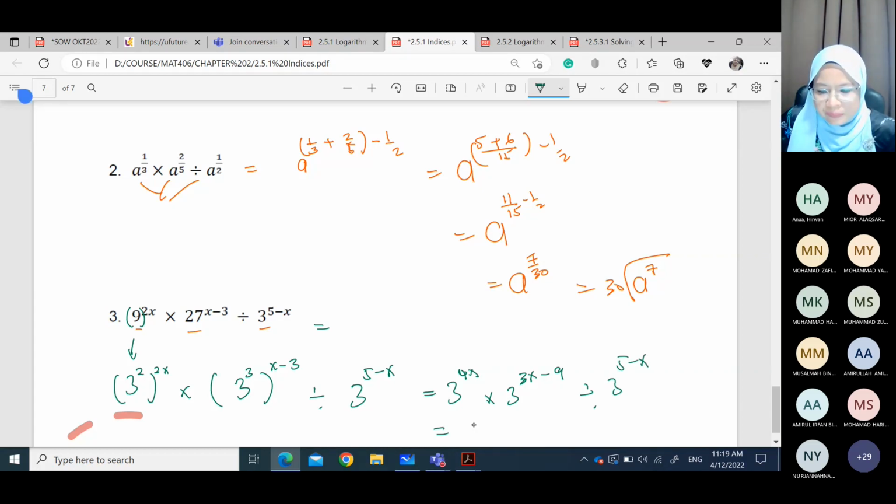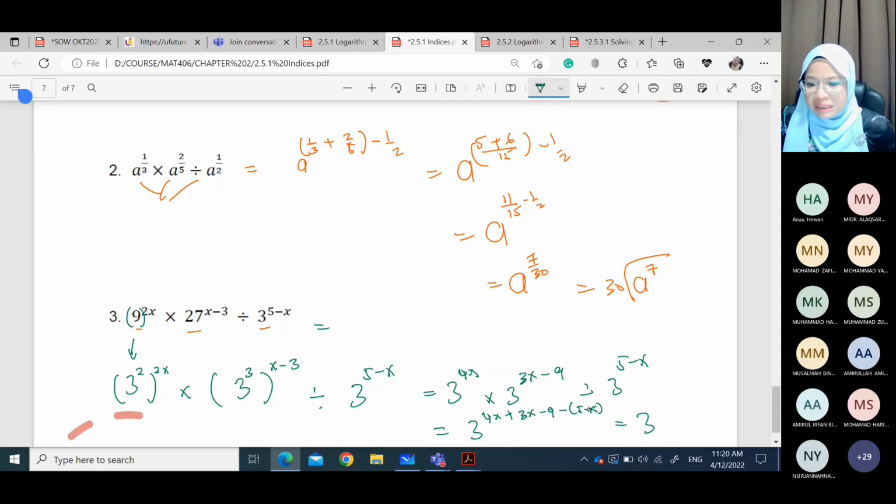So simplify. To the power of 4x plus 3x minus 9. Okay, sebab dia kuasa operasi darab kat sini. So indeks kita tambah. Operasi bahagi, indeks kita tolak. Minus with 5 minus x. Cuba kira berapa. Yang ada x, kita boleh selesaikan. 4x plus 3x, we have 7x.